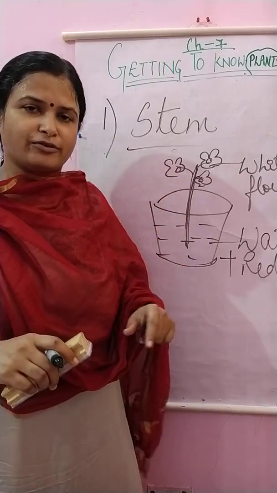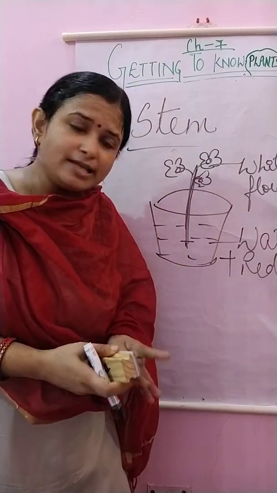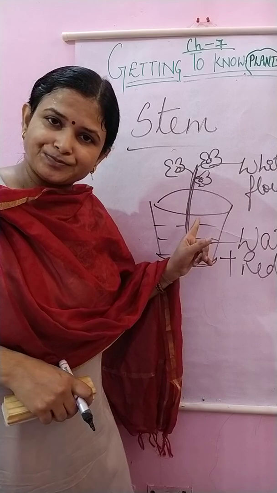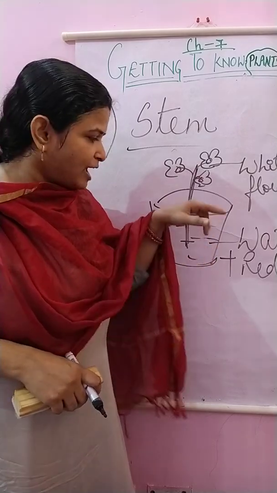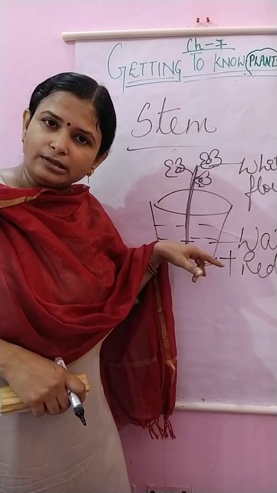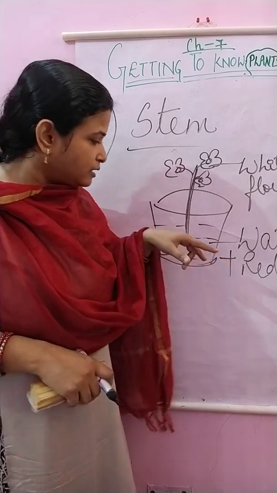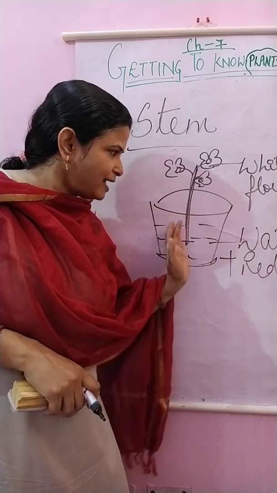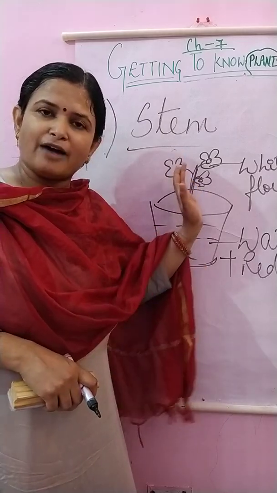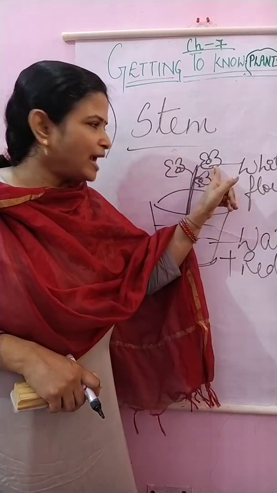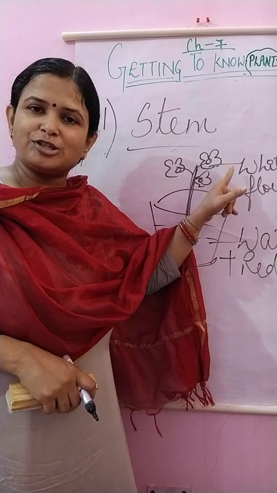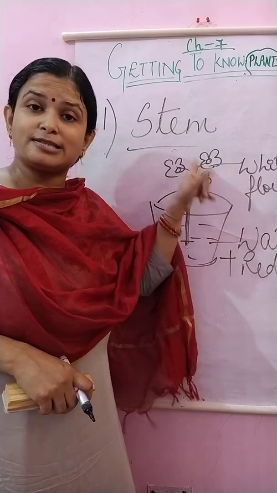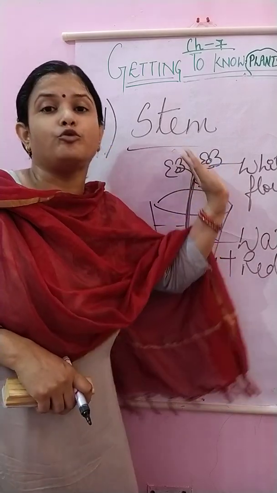How does it happen? We are immersing the stem in red colored water, and it starts absorbing this water and takes it upward. The white color of the flower changes into red because stems help in the upward movement of the water.